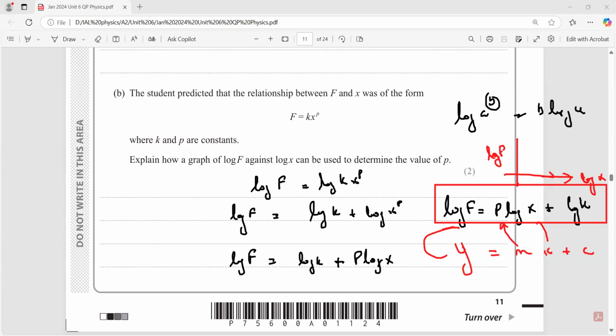The solution is not important. The final equation is important for comparison, and this comparison has marks. This derivation has no marks, but still, to get this relation, you have to derive it.